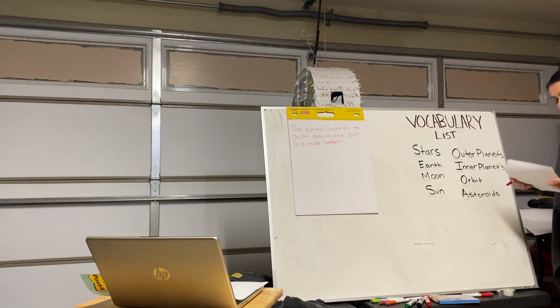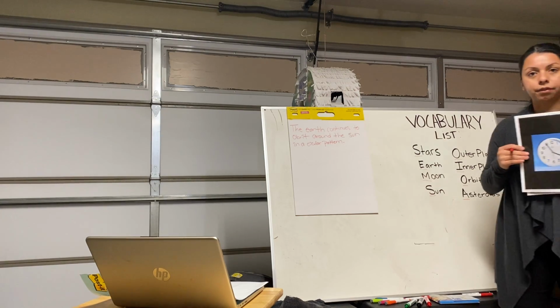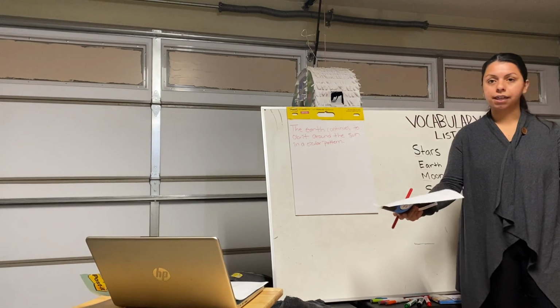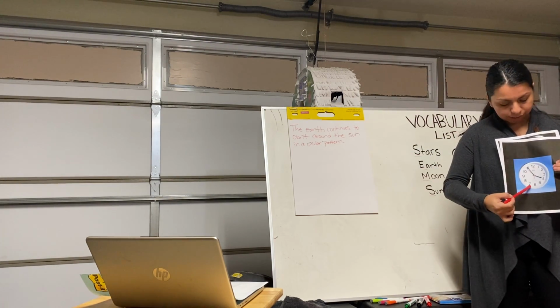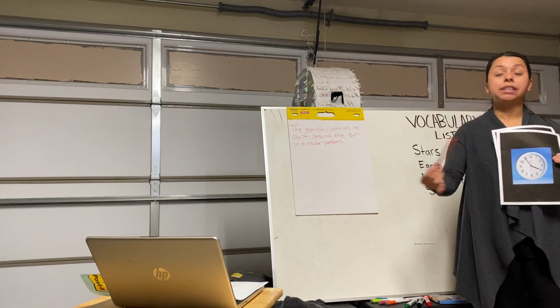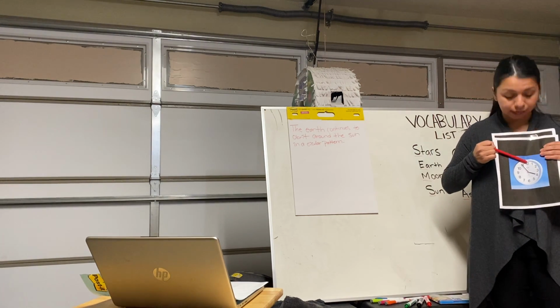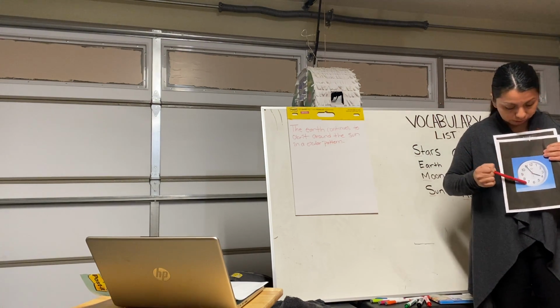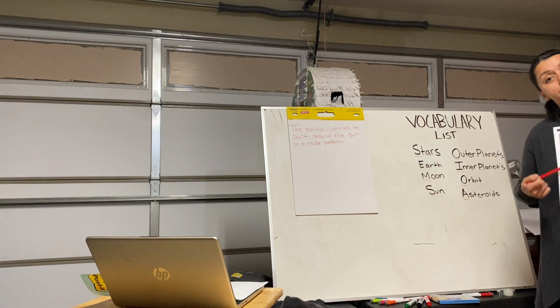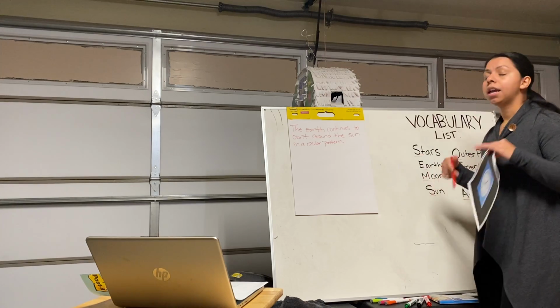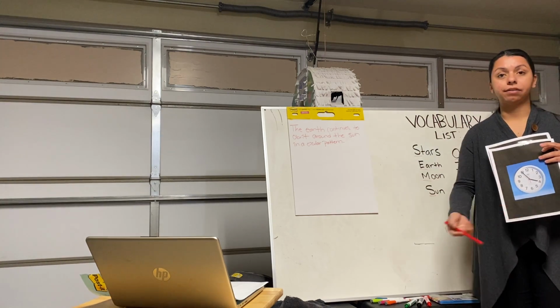Again, the clock, right? Time is represented by orbiting planets, right? So the clock goes around every single day. It's the same pattern every single day. It starts from 12 at midnight all the way to 12 in the afternoon, then again 12 at midnight. So it's the same pattern every single day, every single year.